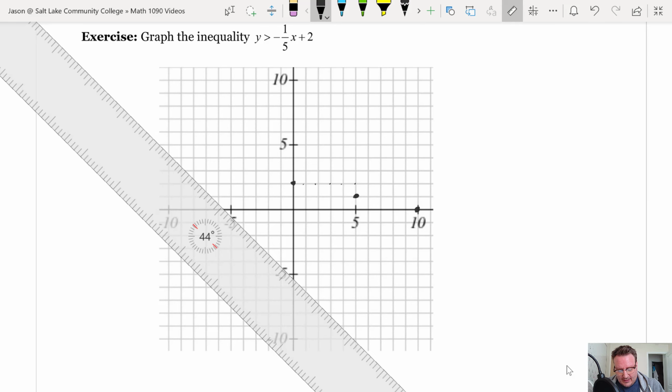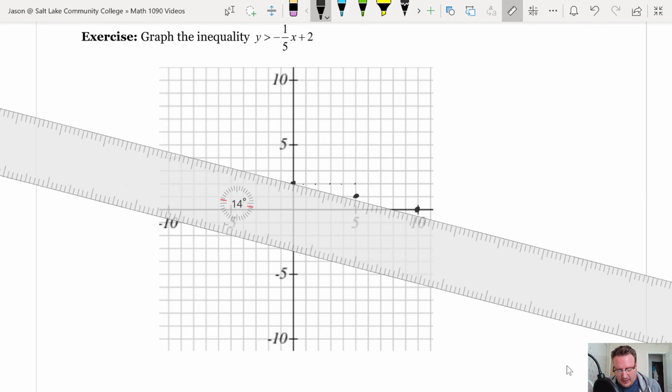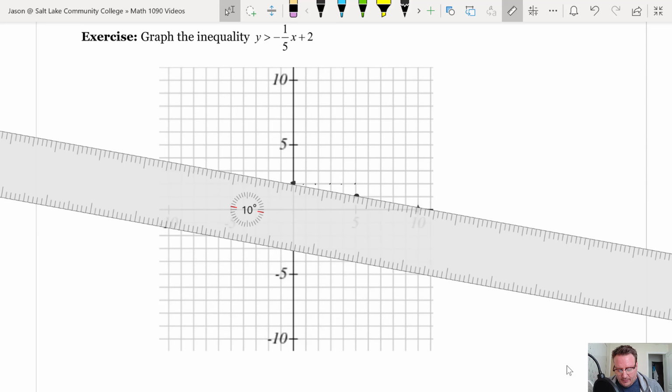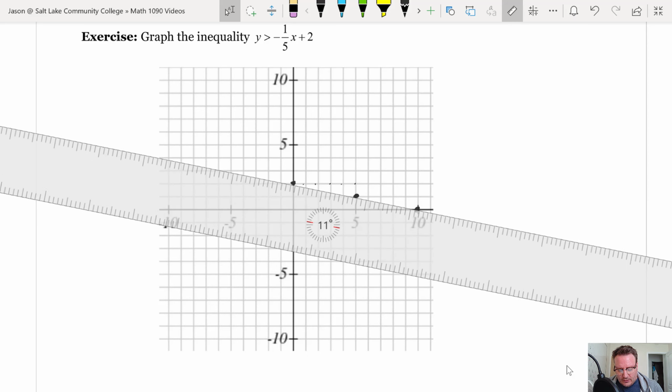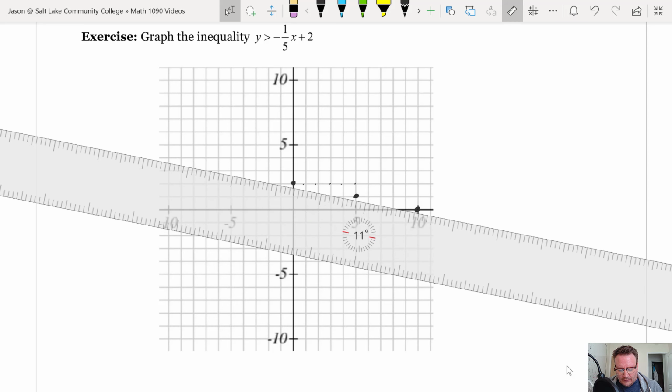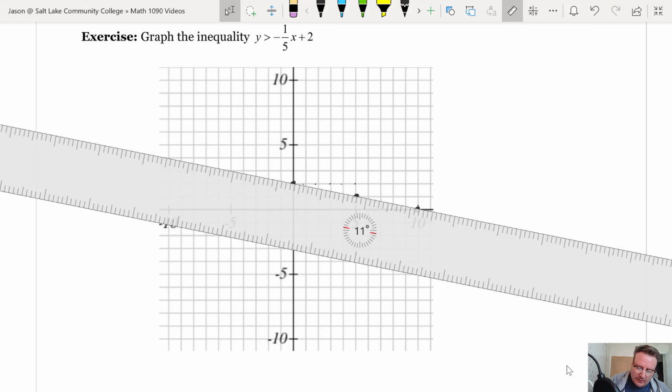So next step is I'm going to draw my line, but because I have a strict inequality here, I'm going to do a dashed line. There we go. Maybe I'll use a color here too. So I'll just do a quick dashed line.